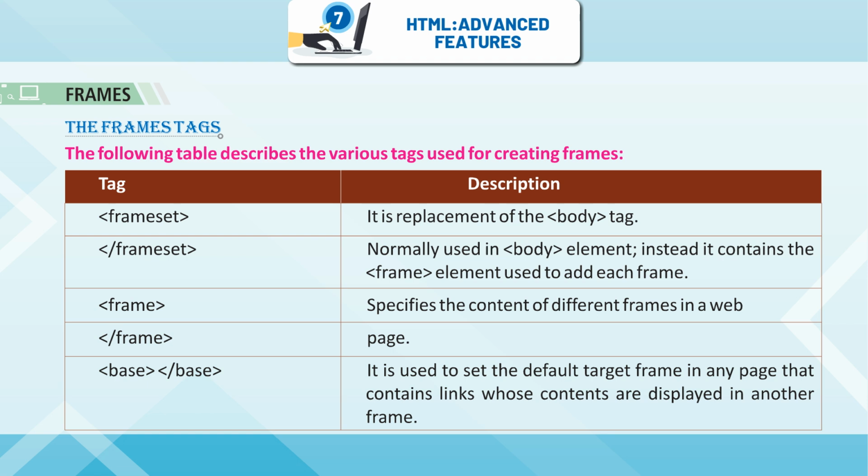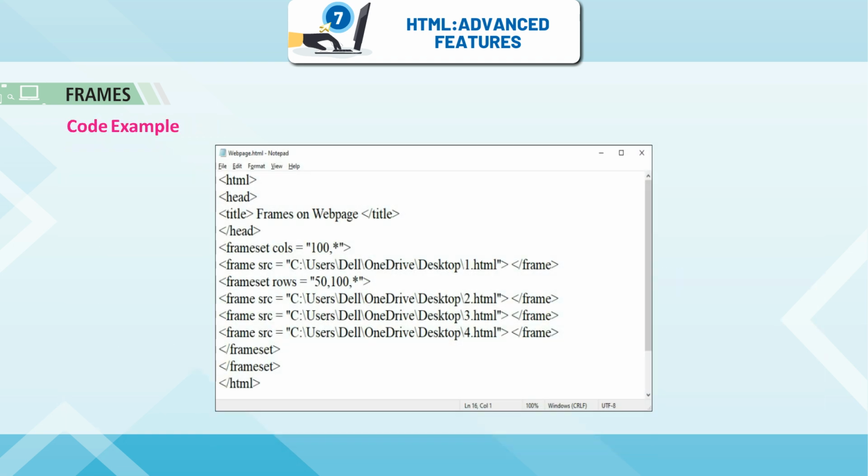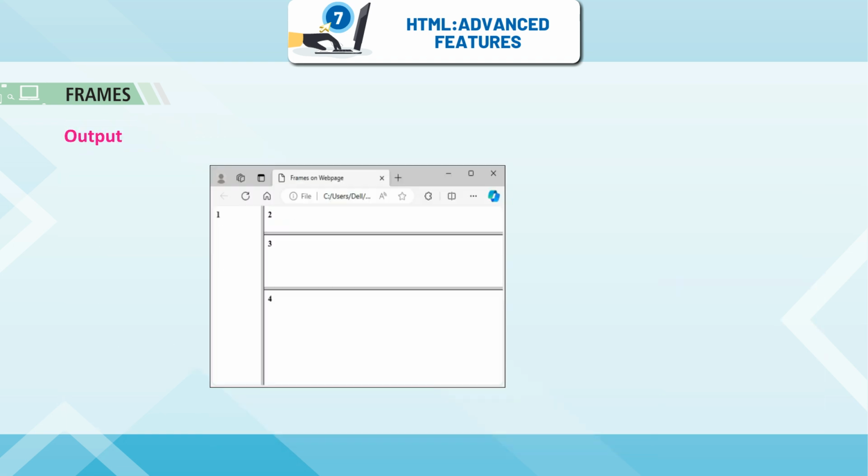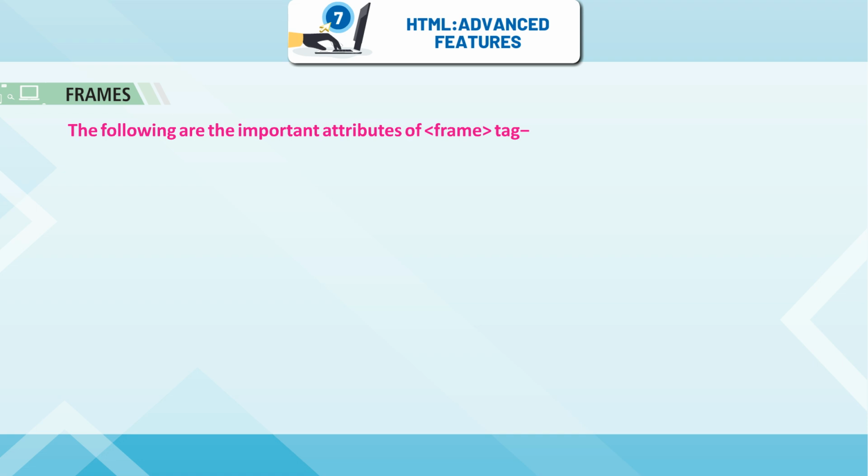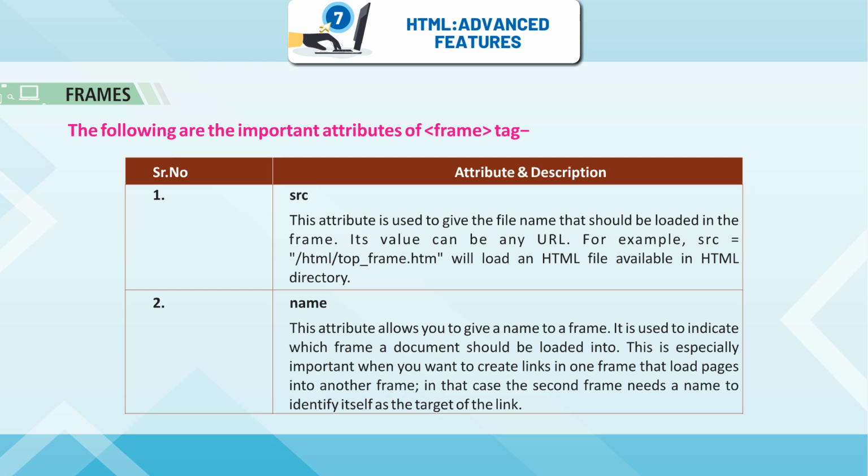Close frame tag. Open base tag, close base tag. It is used to set the default target frame in any page that contains links whose contents are displayed in another frame. Code example. The following are the important attributes of the frame tag: serial number, attribute and description.